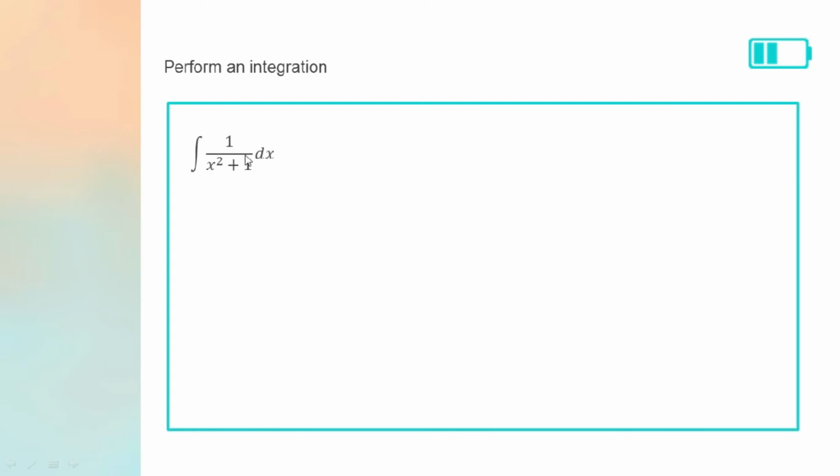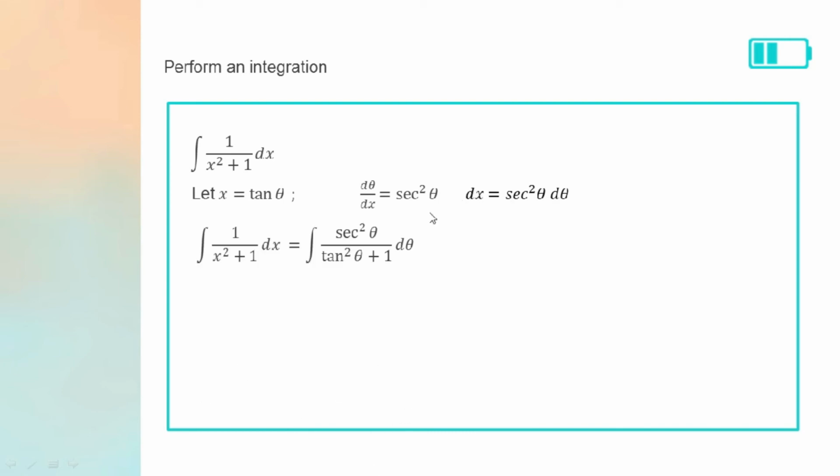By looking at this form, x squared plus 1, we have to use trigonometric substitution. Let x equal tangent theta. Differentiating, dx over d theta is secant squared theta. Isolating dx, it is equal to secant squared theta d theta. So the integration becomes secant squared theta over tan squared theta plus 1 d theta.